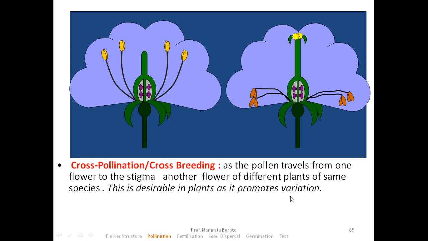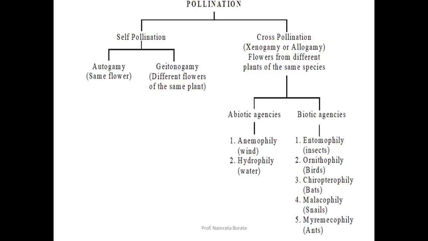Pollination can be further divided into three types on the basis of the agents involved. As we see, there are two types of pollination, self-pollination and cross-pollination. Self-pollination is again divided into autogamy and geitonogamy.